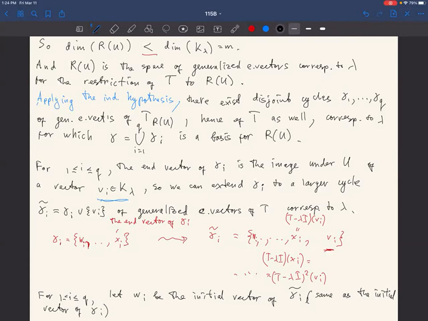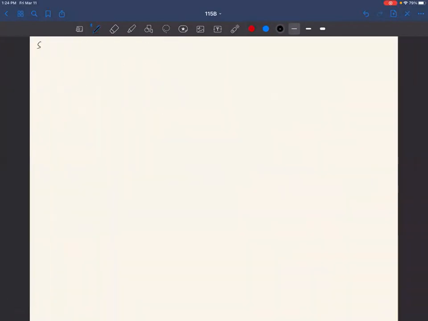So denote by w like this, the initial vectors. So now we have w1 through wq. These are the initial vectors of disjoint cycles, and we also know that they're linearly independent.